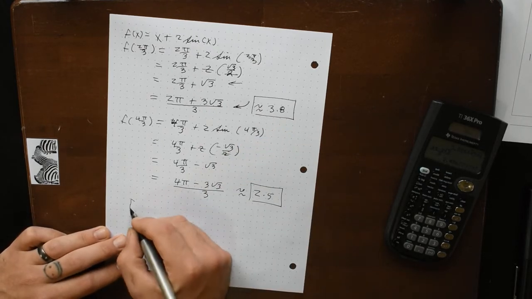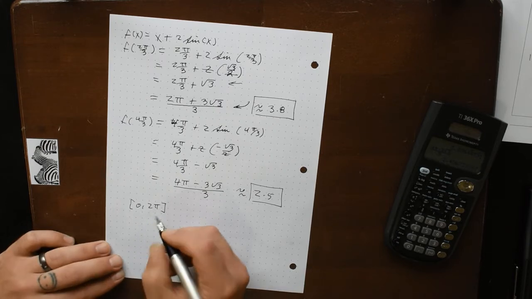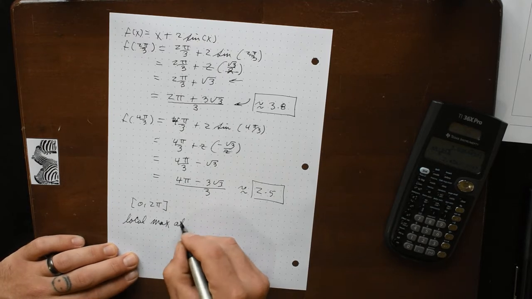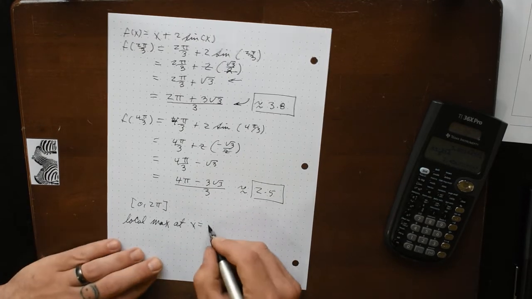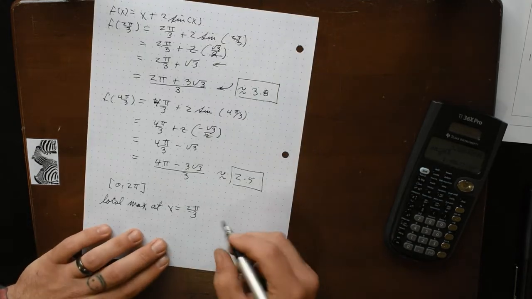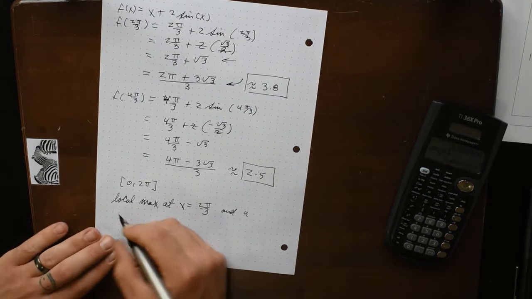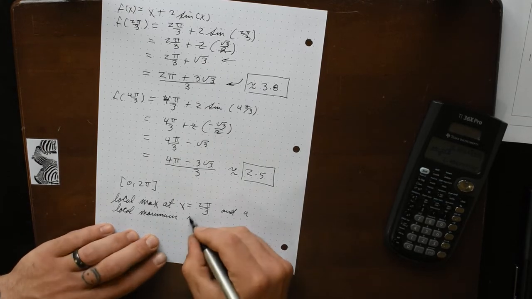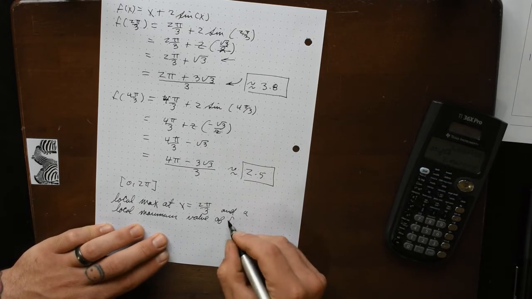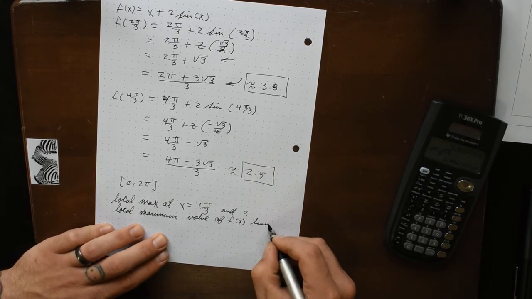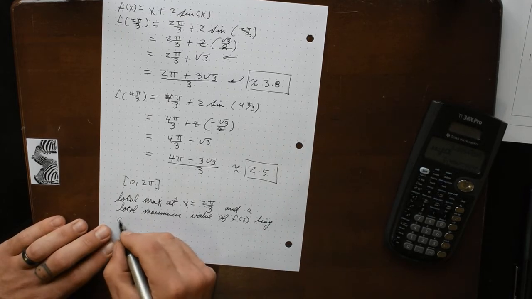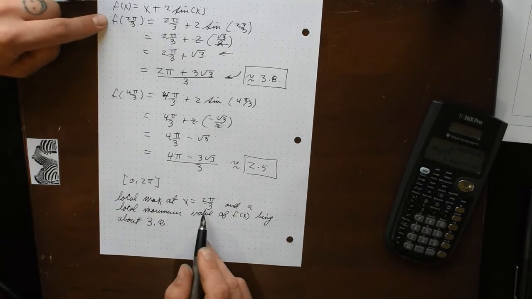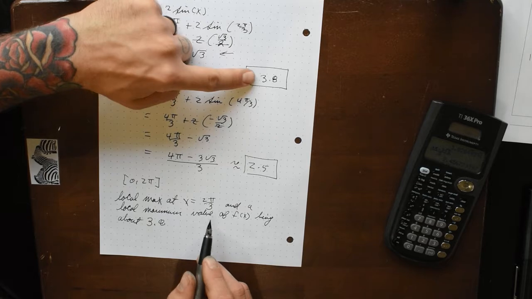So over the interval of 0 to 2 pi, we have a local max at x is equal to 2 pi thirds, and a local maximum value of f of x being about 3.8. So we've got a local max at this value, and the local maximum value of f of x is that number.